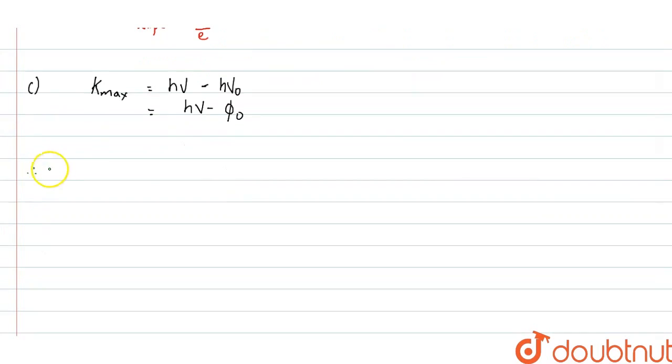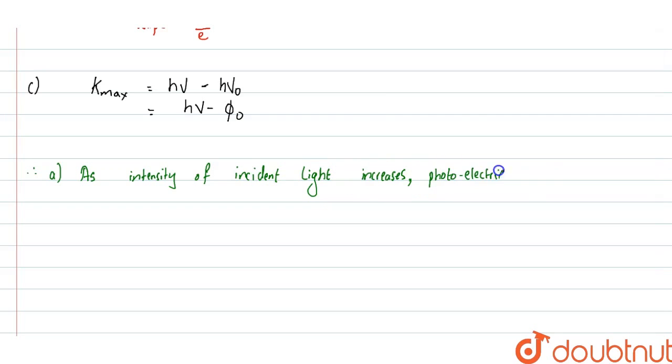Therefore, A: as the intensity of incident light increases, photoelectric current increases. Why is this? Because the number of photoelectrons being emitted is directly proportional to the intensity of the incident light.